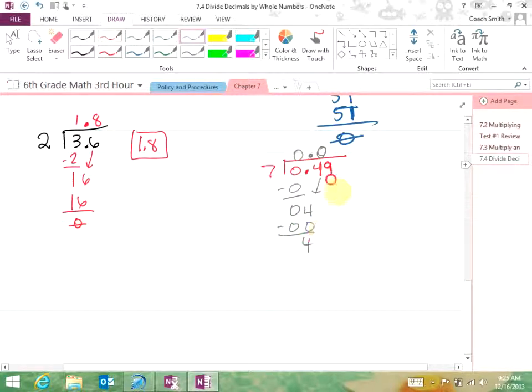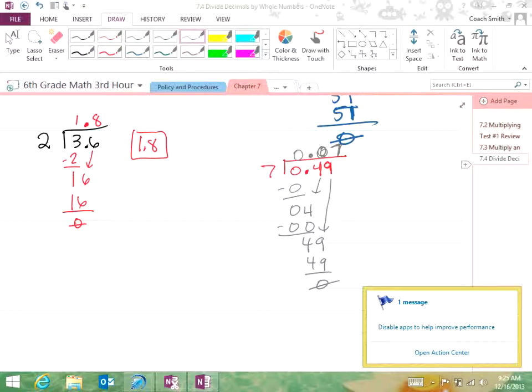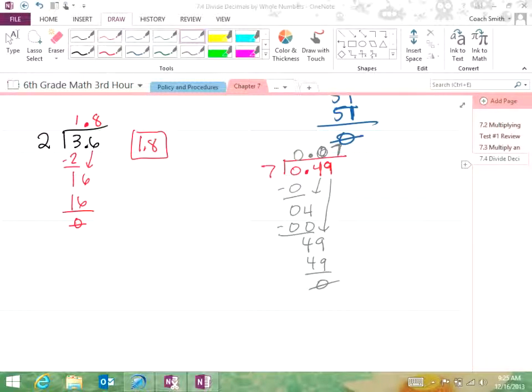Remainder 4, bring down your 9. 7 into 49, 7 times. 49, remainder 0. So, 0.07.